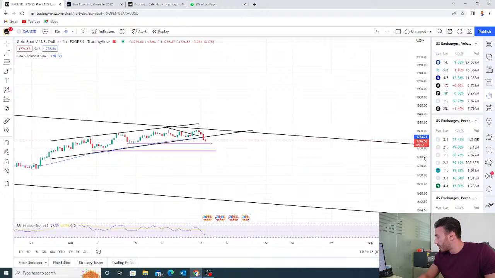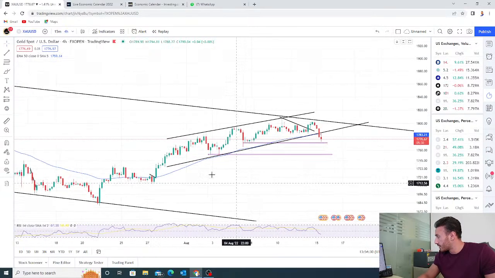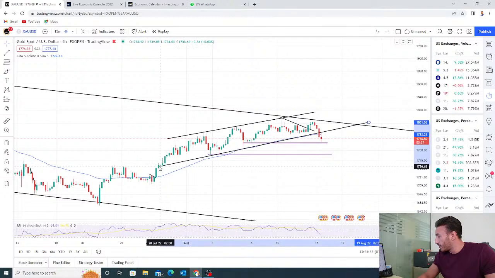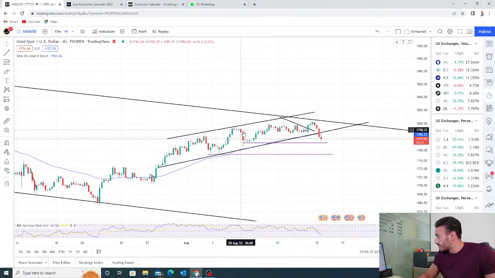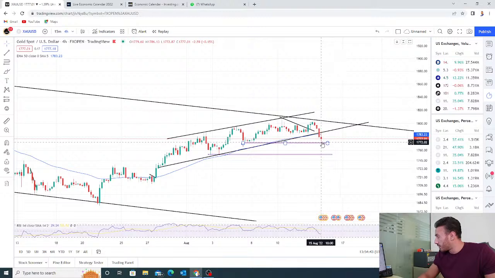Although myself I'm in the buy, it is important for you to see this. You see this channel here? It was also swing trading inside until it broke below 1785. It tested against 1785 below the bottom of the trend line and went back down.